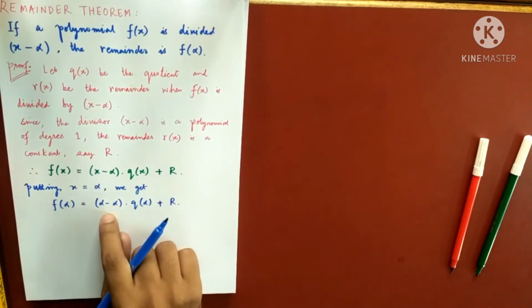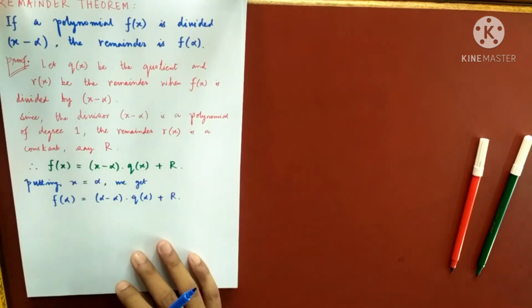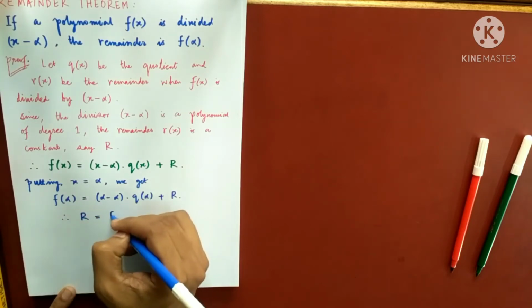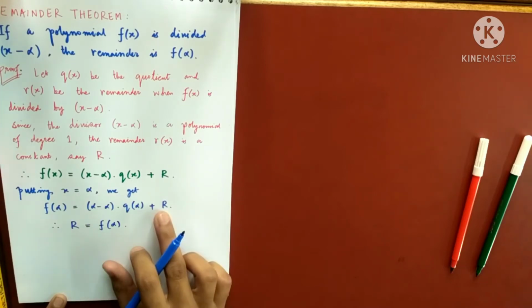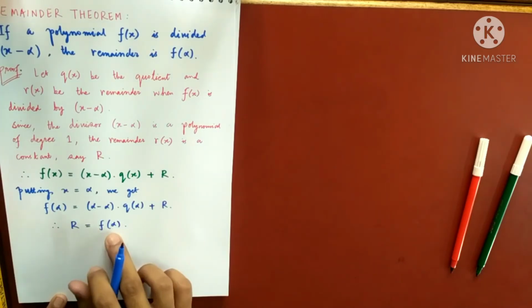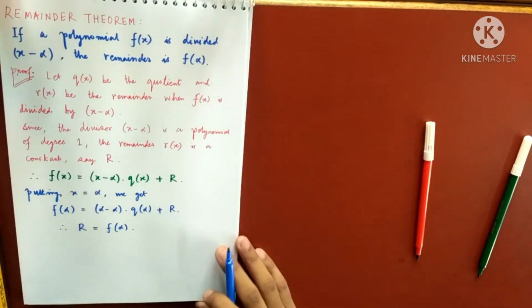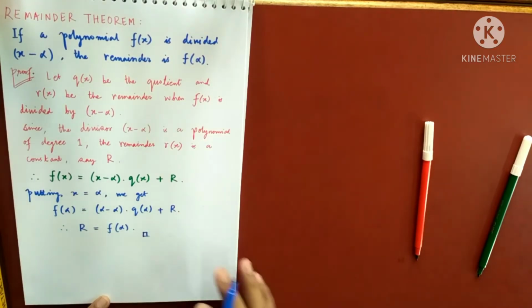This is 0, so 0 times q of alpha is 0. Therefore r is f of alpha, and that is our proof. So this guarantees that the remainder is f of alpha, which completes the proof of the remainder theorem.